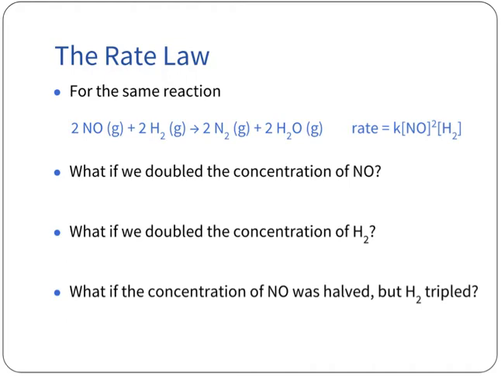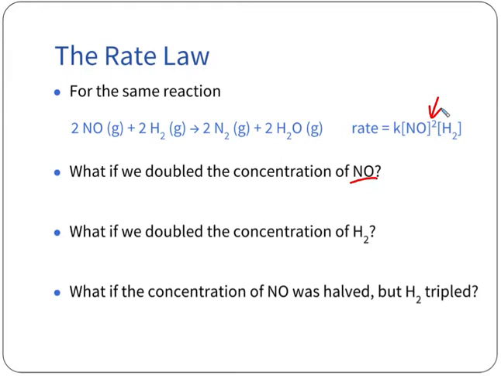Let's take that same reaction, same rate law, and look at what the rate would do based on this. Suppose we doubled the initial concentration of the NO, the nitrogen monoxide. What's going to happen to the rate? Because the order of the NO is 2, whatever we change the nitrogen monoxide's concentration by, the rate is going to change by that amount squared.